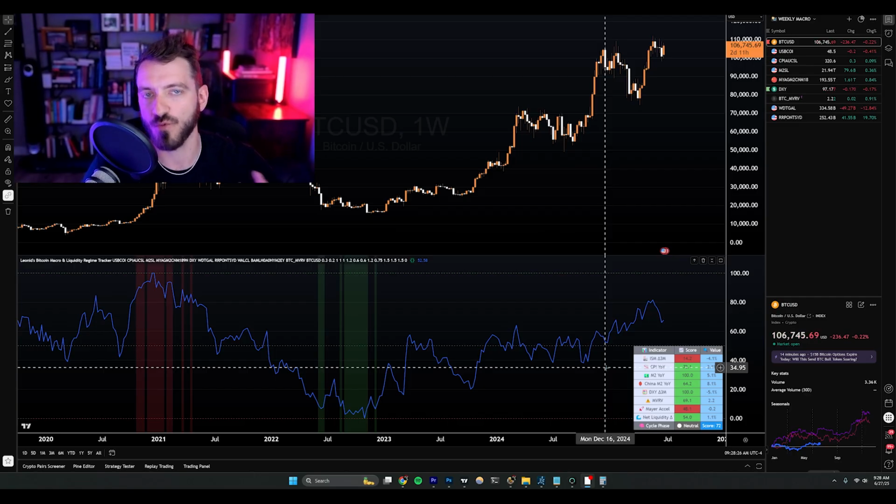You can put different weights on them. So if you think that M2 is more important than the ISM, you can weight it like that and play around with the scores. You can also lag the time series. So if you want to lag it by 10 bars, which is 10 weeks, you can do that. I think a 6-week lag is generally pretty good for this, but I'm keeping it live so you can see what the latest metrics are right away.